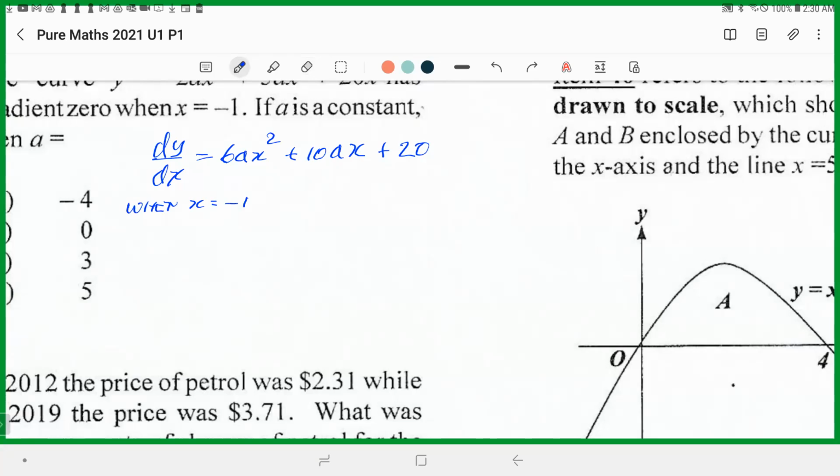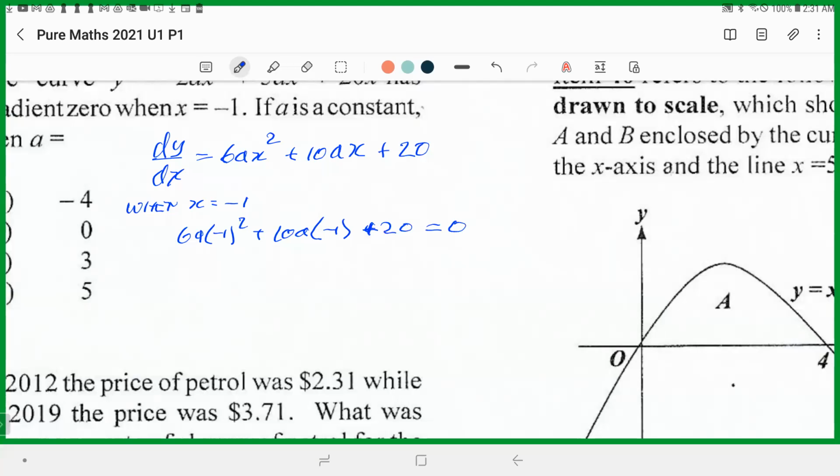And so you're going to get 6a times minus 1 squared plus 10a times minus 1 plus 20. Then say it is equal to 0.